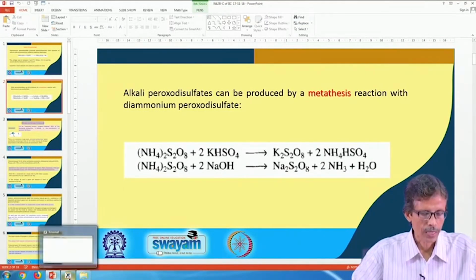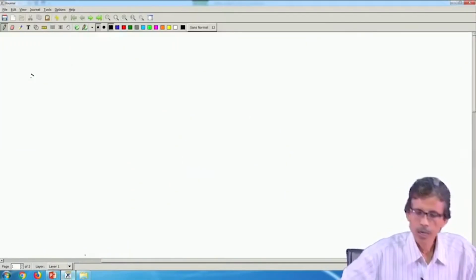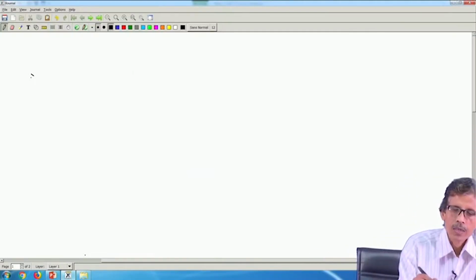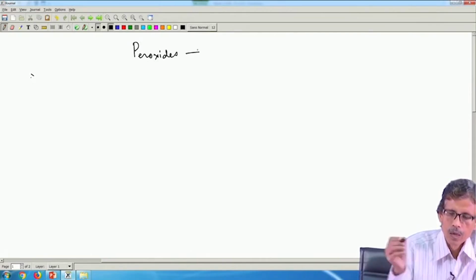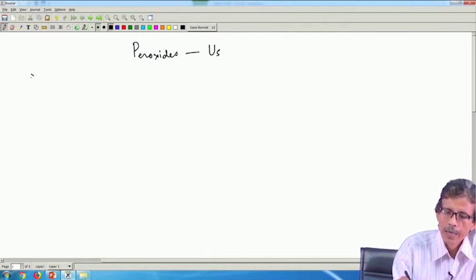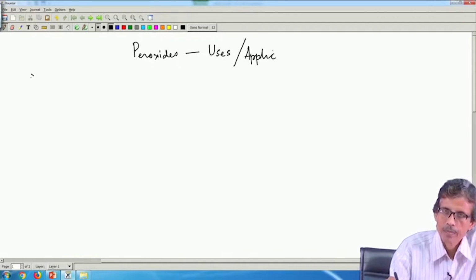So, the applications we will see now are of different peroxides, their uses as well as applications.